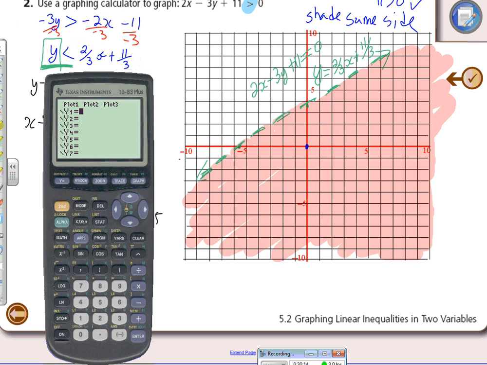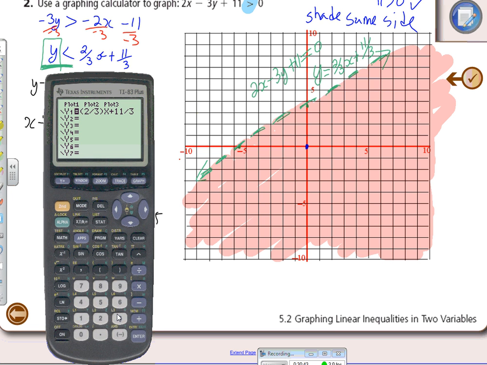Okay, so in order to do this now on a graphing calculator, you have to have it as y isolated first. So y equals, because you're always graphing the equals, so I'm going to put in 2/3 x plus 11/3. That's going to graph the line, but I need to do the shading.